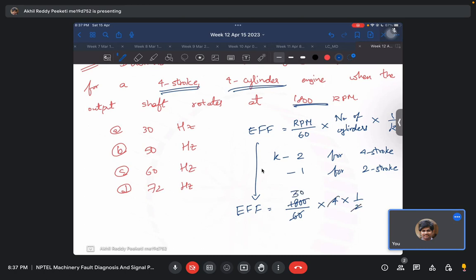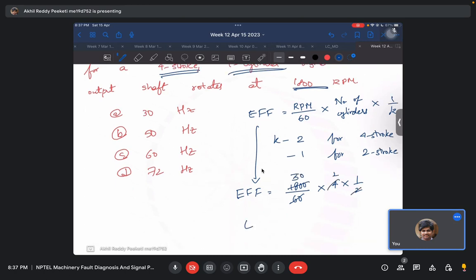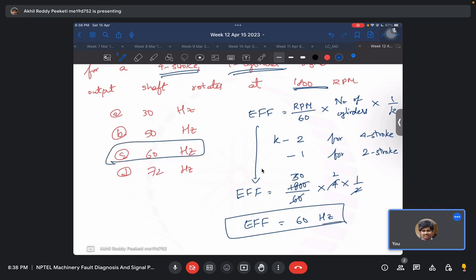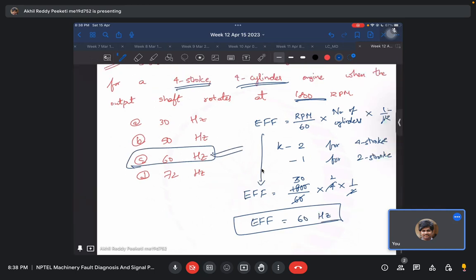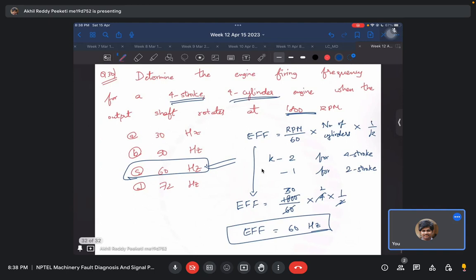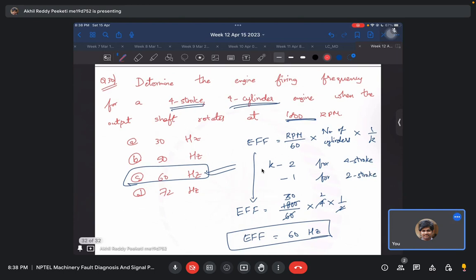So the engine firing frequency is 60 Hz for a 4-stroke 4-cylinder engine whose output shaft rotates at 1800 RPM.